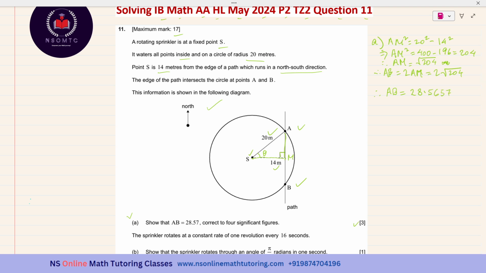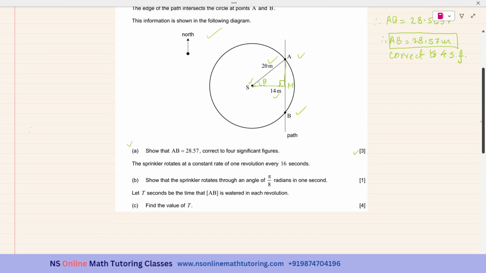So therefore AB is equal to 28.57 meters. It should be meters, definitely. Correct to 4 significant figures. Okay. Fine. We have completed answering this part A.